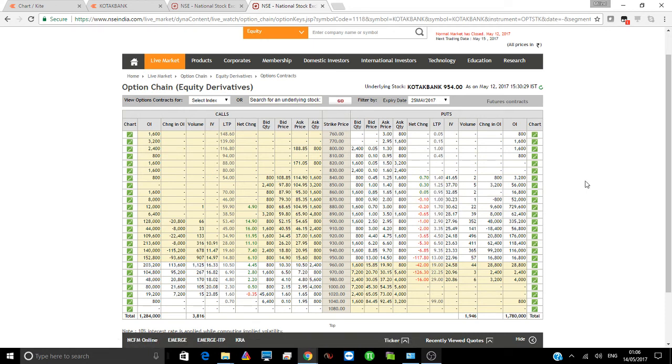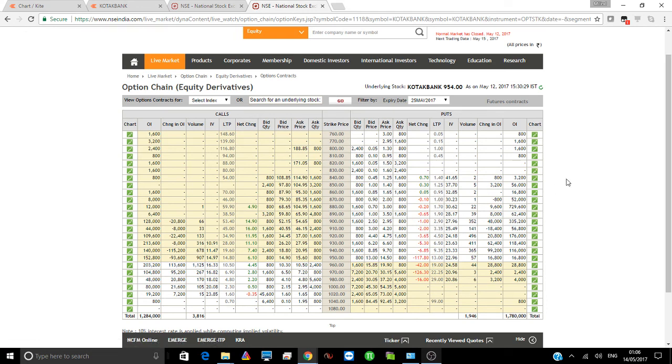So based on the risk appetite that I have and the desperation I have to buy this particular stock, I would either sell this 900 put for 3 rupees, or the 860 put for 1 rupee.